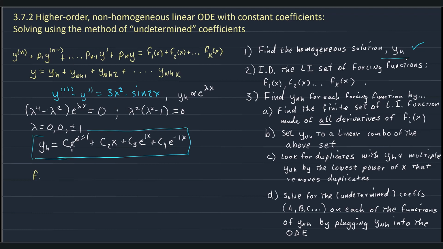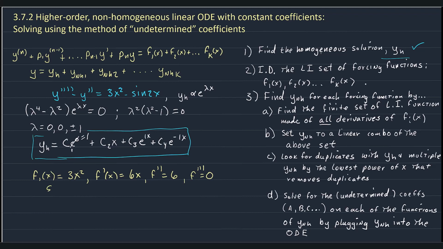So for our first function, we have 3x squared. The first derivative is 6x. The second derivative is equal to 6. And then the third derivative will be equal to 0. So step 3a is to find the finite set of linearly independent functions made of all derivatives.